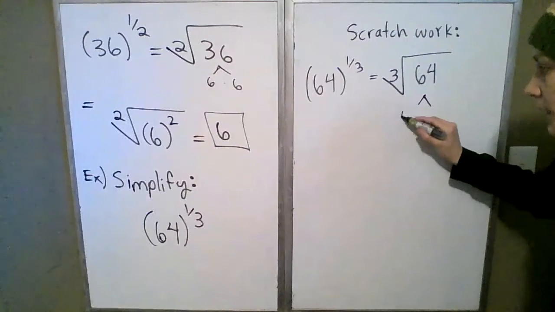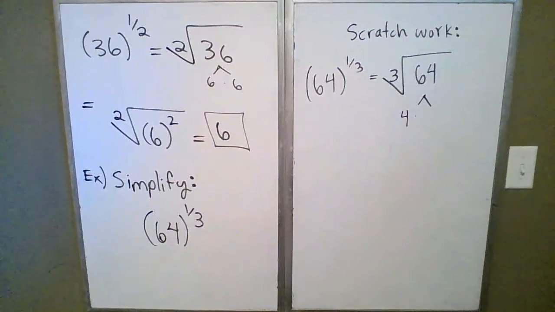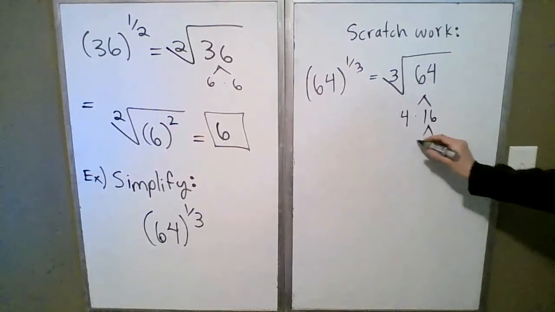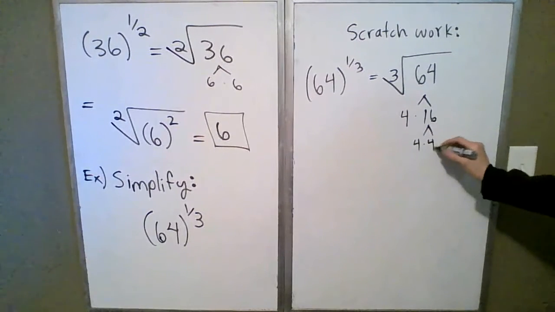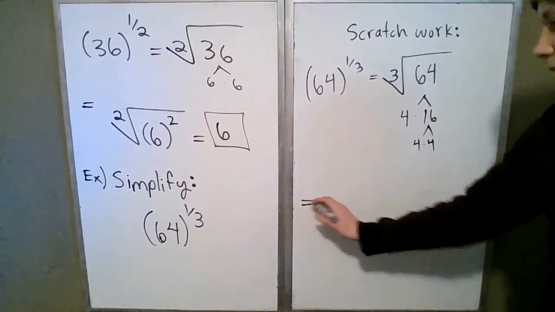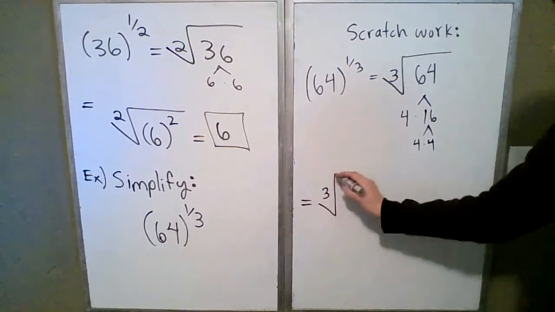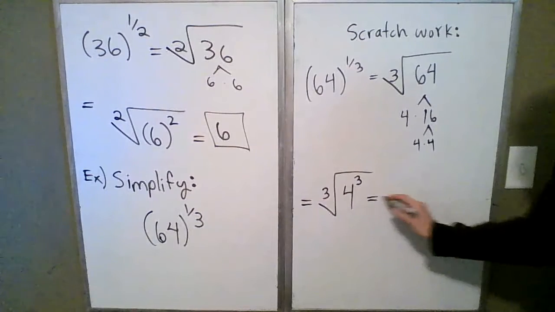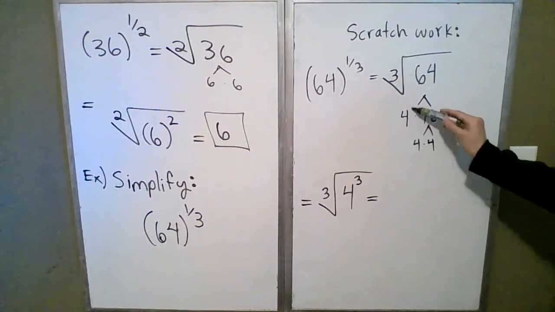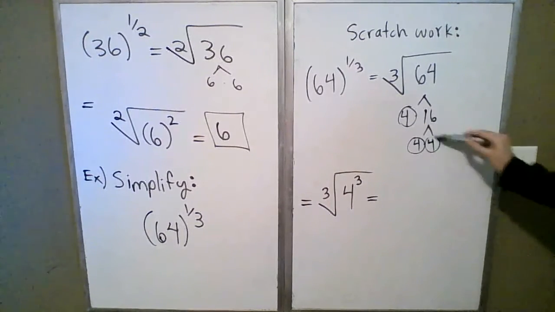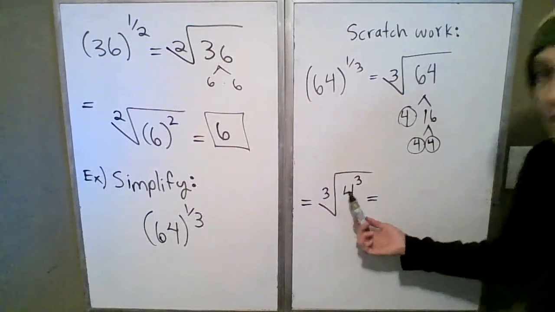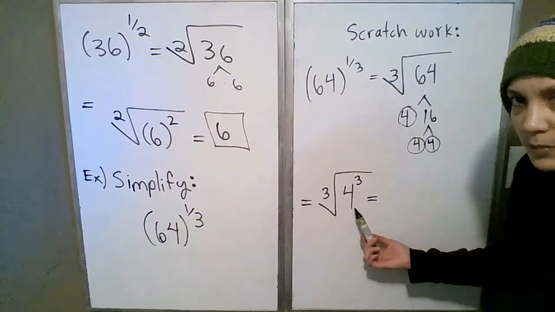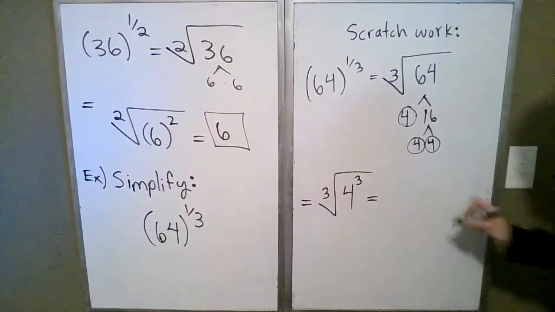So it turns out 64 is 4 times 16. 16 is 4 times 4. So I could write this as a cubed root of 4 cubed. So when you have that exponent matching the root, you can bring that number 4 out from under the radical sign.